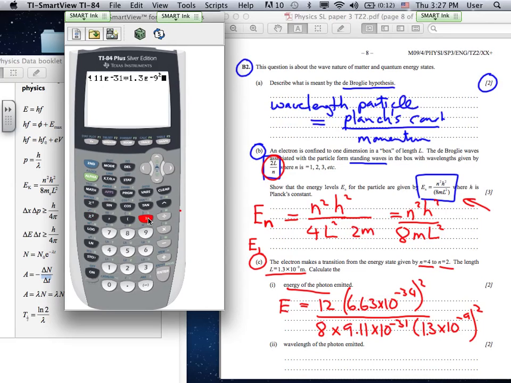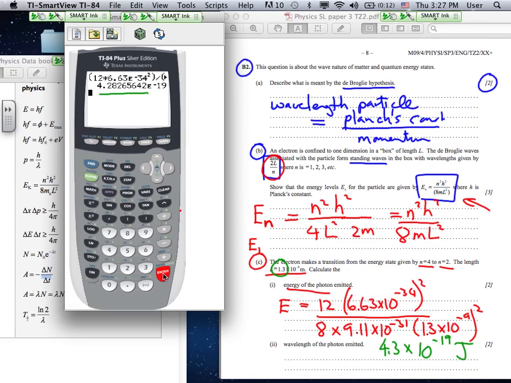Now I close my brackets and push enter, and I get an answer there, 4.28. You see you've got obviously a lot of significant figures there. We were just given 2 significant figures, so I'll write my answer to 2 significant figures: 4.3 times 10 to the negative 19, and that will obviously be in joules.